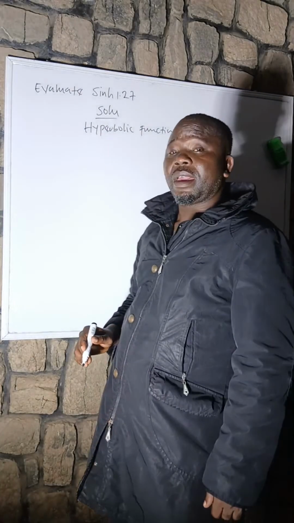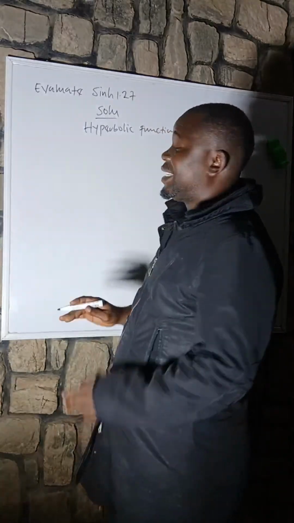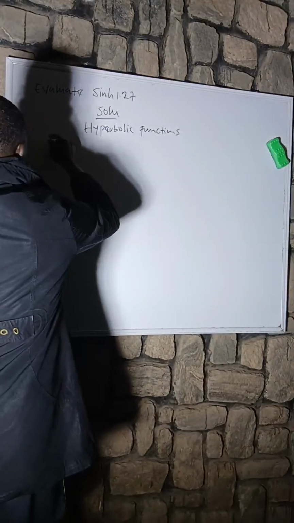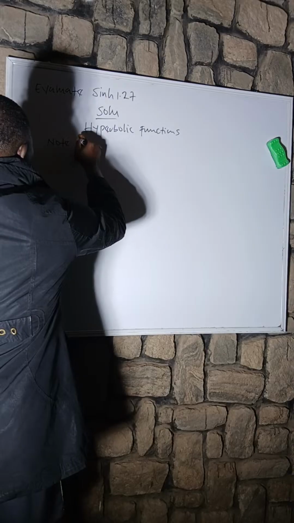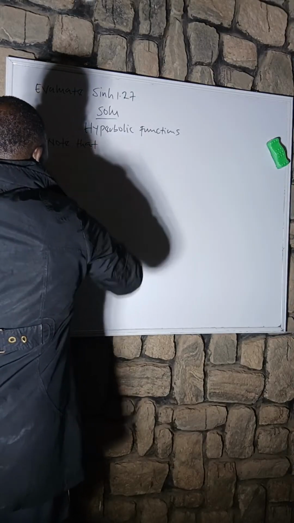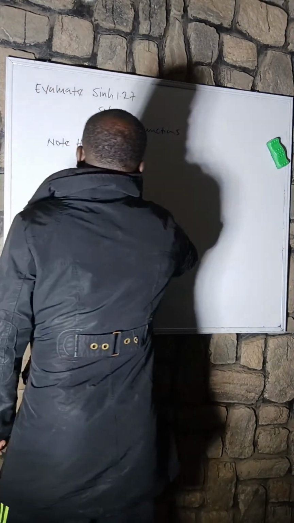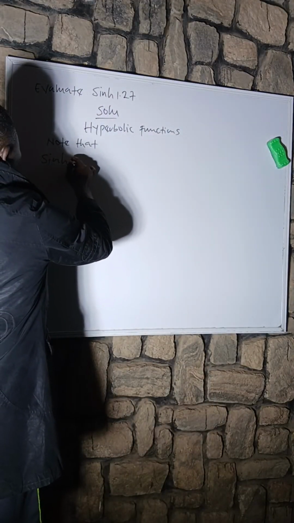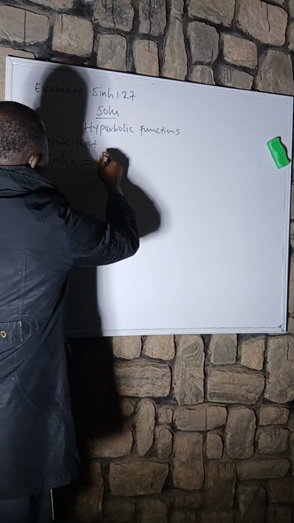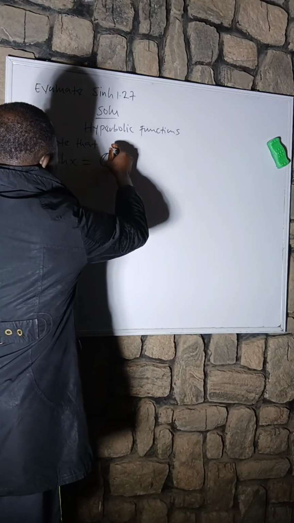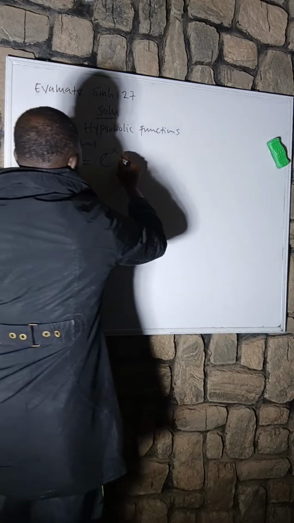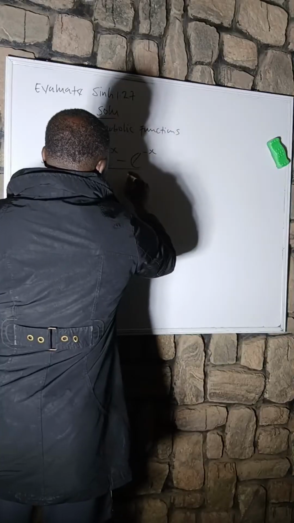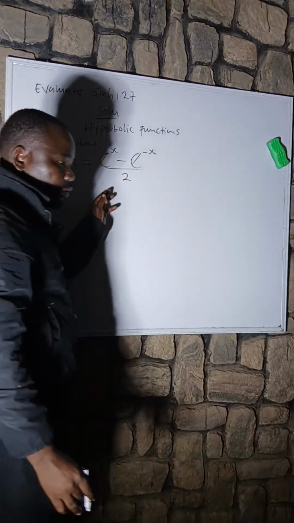So how you are going to address this is simple as ABC. Just note that sinh x is equals to exponential x minus exponential minus x all over 2. Take note.